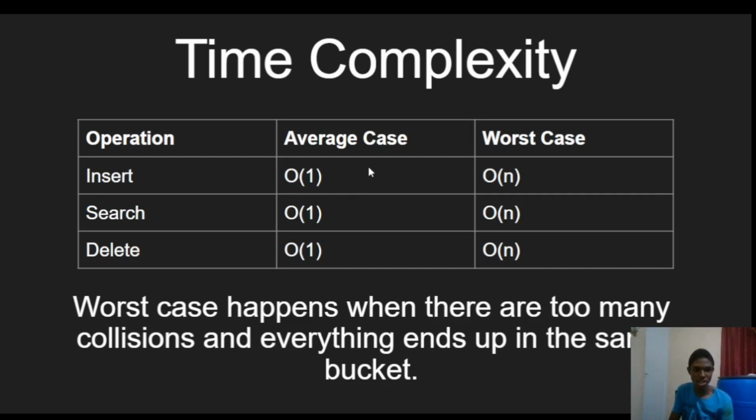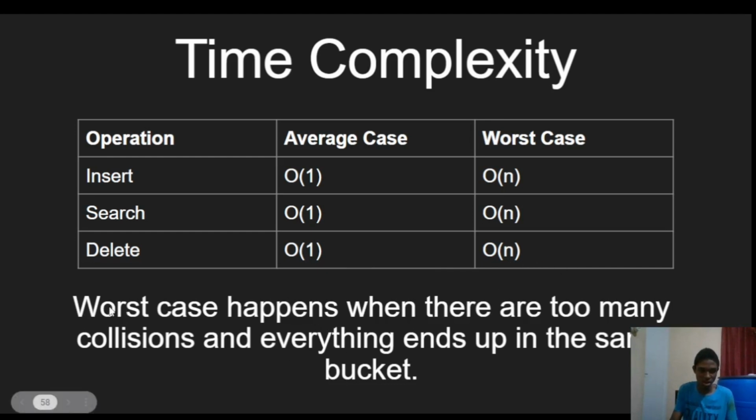For insertion, it would be O of 1 in the average case scenario, and O of n in the worst case scenario. Searching, O of 1 in the average case, O of n in the worst case. Deletion, O of 1, and O of n in the worst case scenario.